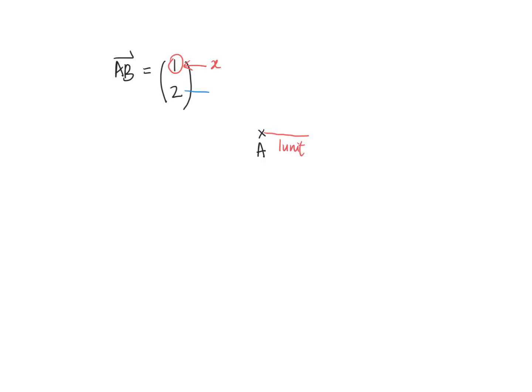And I will move 2 units in the positive Y direction to finally reach B. So vectors tell me how to move from A to B. 1 unit and then 2 units upwards. So this vector tells you how many steps to move in the X direction and in the Y direction.